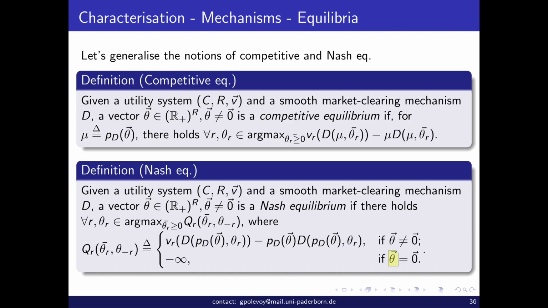Now, just some clarification. The price mu is determined exactly as the price in the case of Nash equilibrium is determined. In the case of competitive equilibrium, the price is determined exactly as it's determined in the Nash equilibrium. But having determined that, we just want to have a best theta r, given that the price has already been determined.